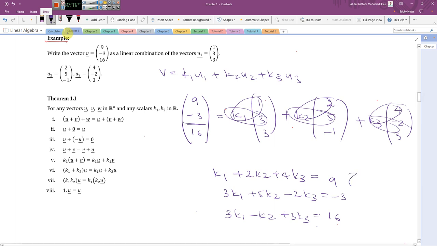Now if I simplify this, x, which is k1, is equal to -3 by 89.